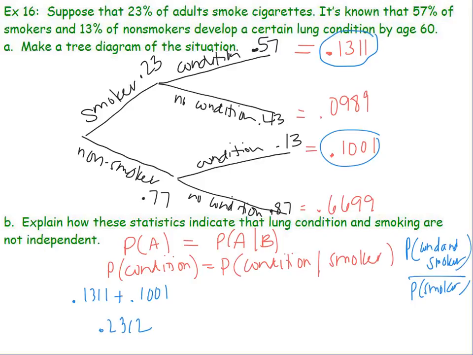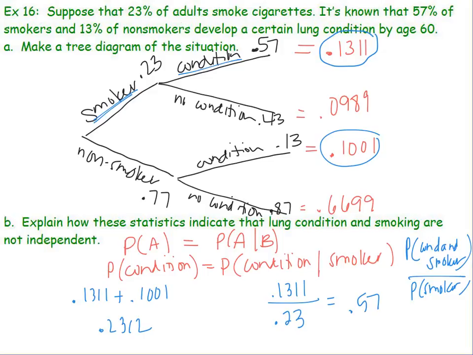So what's the probability that they have the condition and they're a smoker? Well, smoker and condition is 0.1311. Out of just a smoker is 0.23. And if we divide 0.1311 divided by 0.23, we get 0.57. So for these two things to be independent, my left side and my right side must be equal.